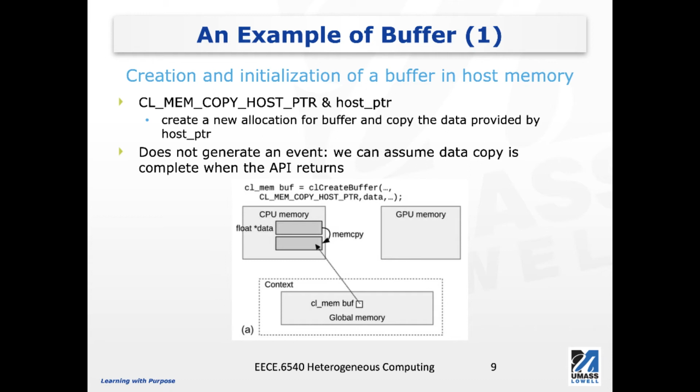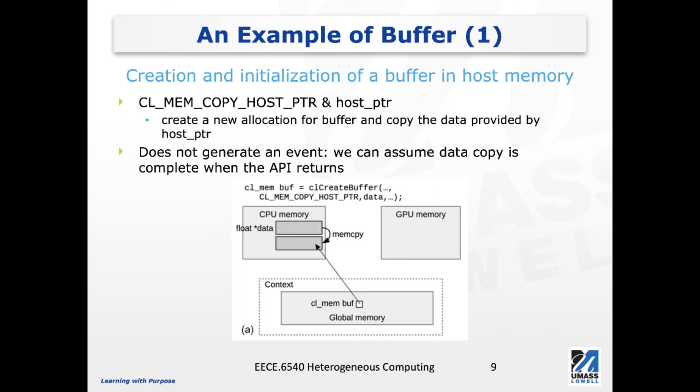Note that this API does not generate an event. We can assume the data copy is complete when the API returns. So the API we're seeing here is clCreateBuffer, assuming we have a valid context, with the memory flag copy host pointer, and data is assumed to be the host pointer that points to some space in the host memory.